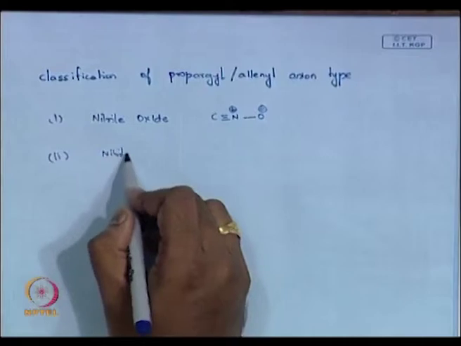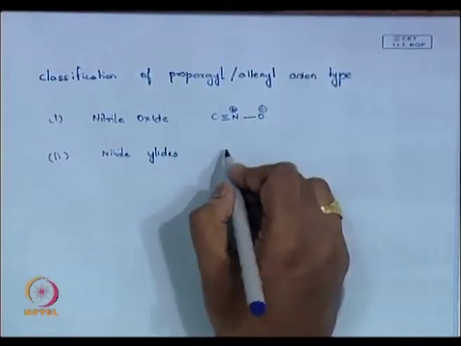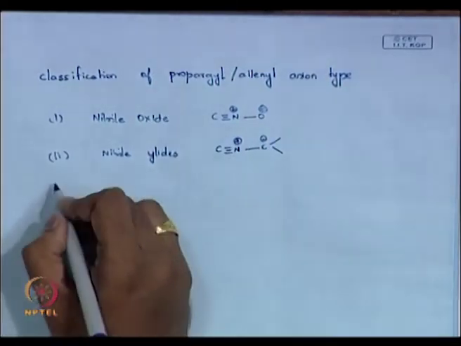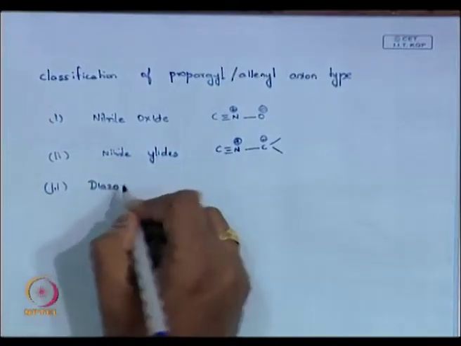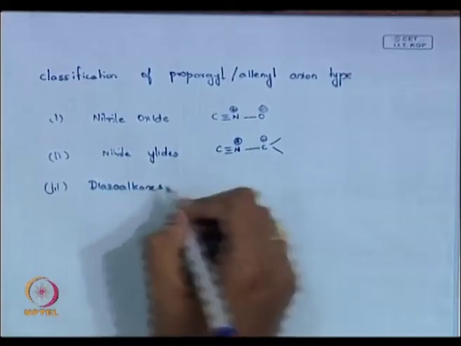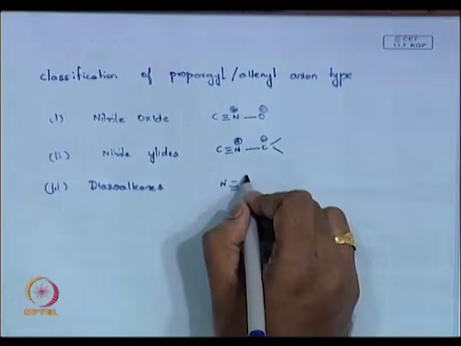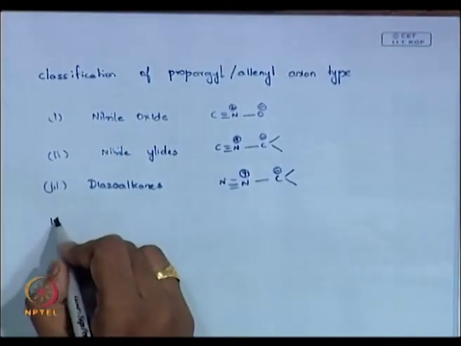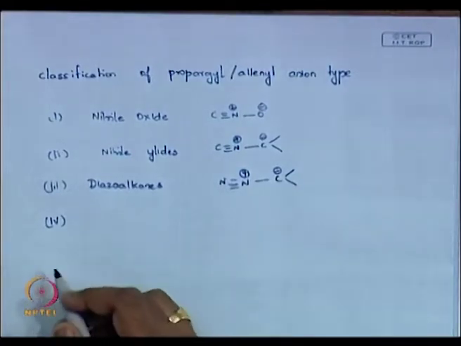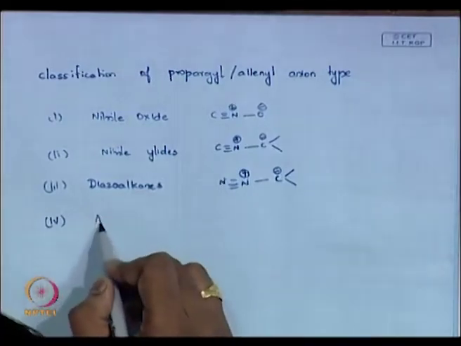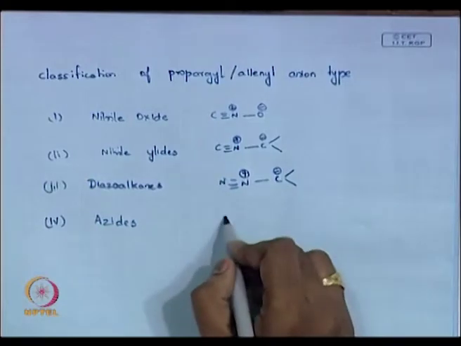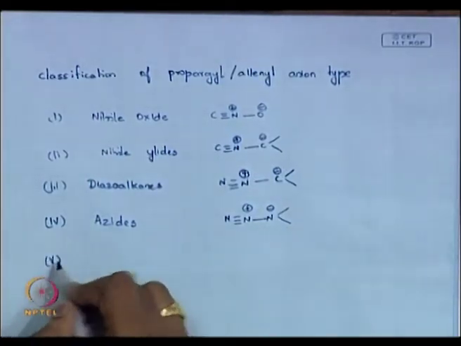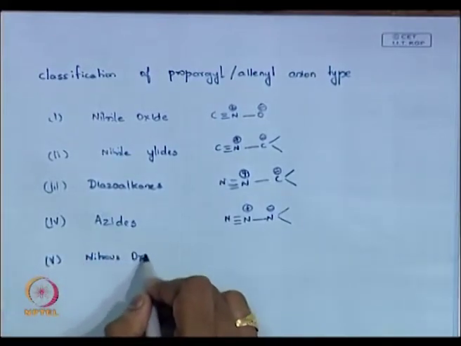Then nitrile ylides, think about nitrile ylides, diazoalkanes, and with 3 nitrogens, you have studied that, right? What is that? Azides. Yeah, click chemistry, because azides undergo nice 1,3-dipolar cycloadditions. A very good example is your click reaction. Then nitrous oxide.